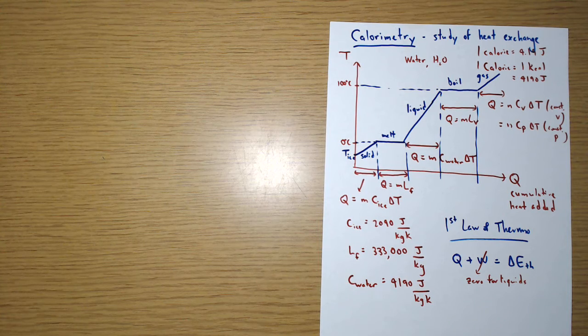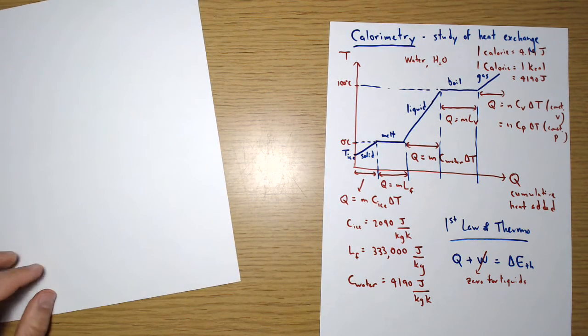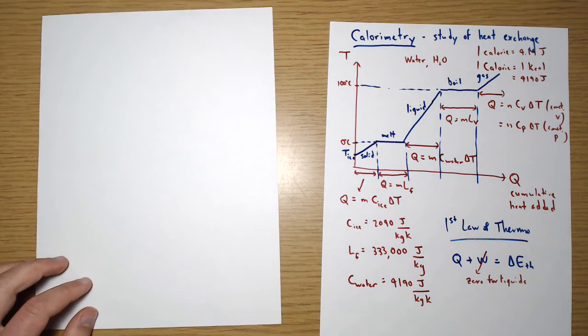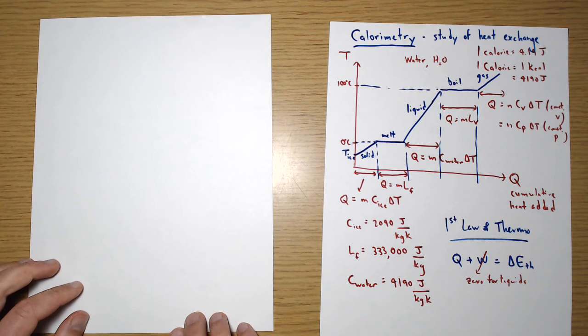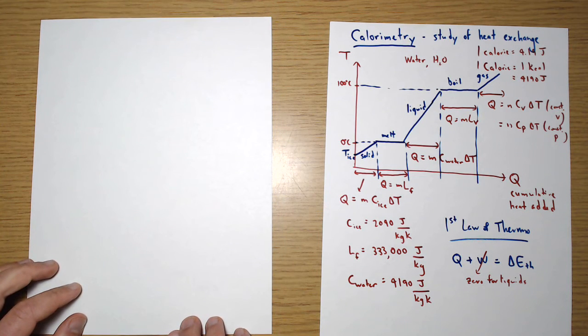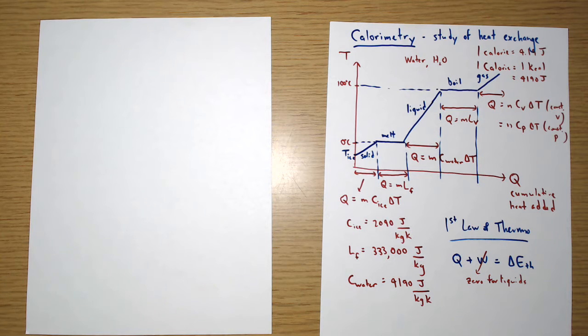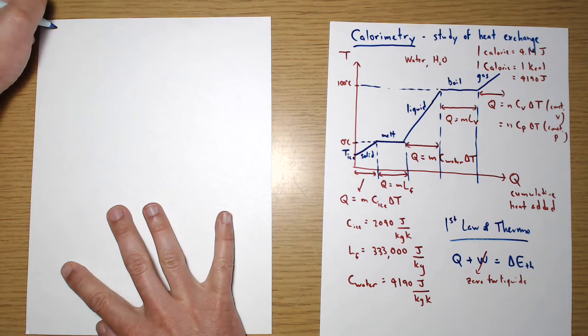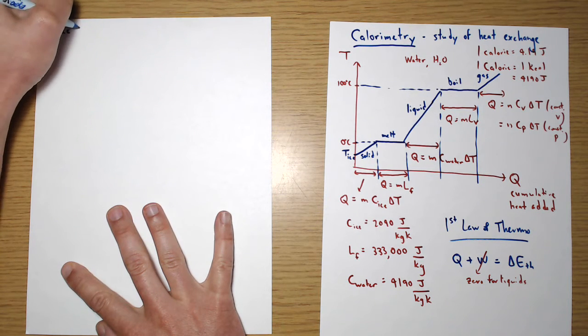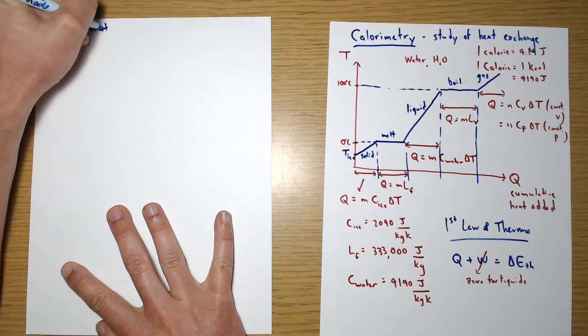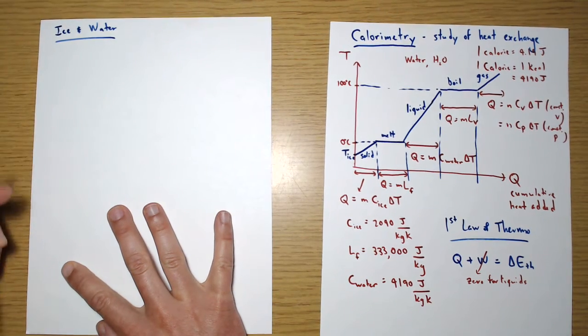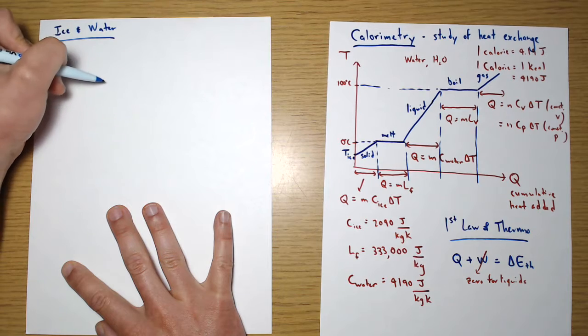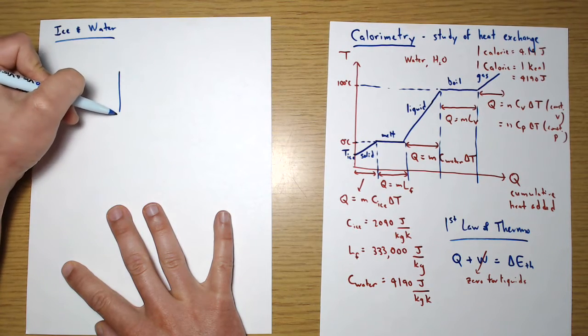All right, now let's apply this to a simple system where we study some heat exchange. And I'm going to look at simply just mixing ice and water together. So let me say I have ice and water. And what I have here is a cup.